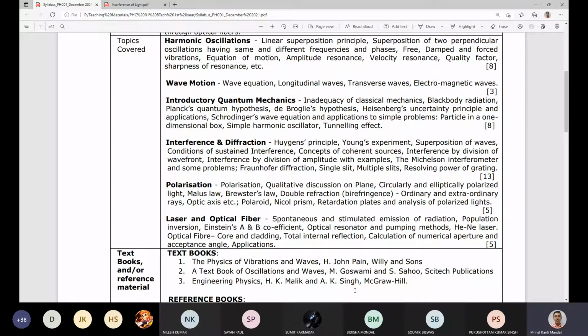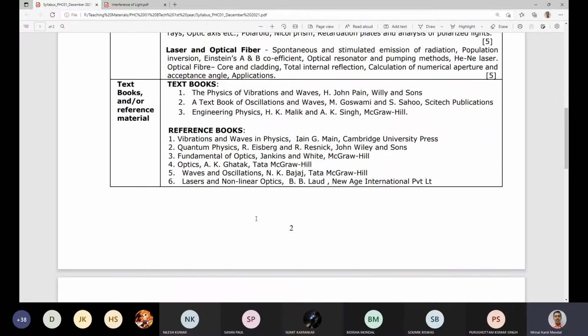If you see this book, Engineering Physics, that will complete the whole syllabus. In case of Pain, it also completes the whole syllabus, but maybe in some portion there is a lack. Right. So now you should have some reference books also.